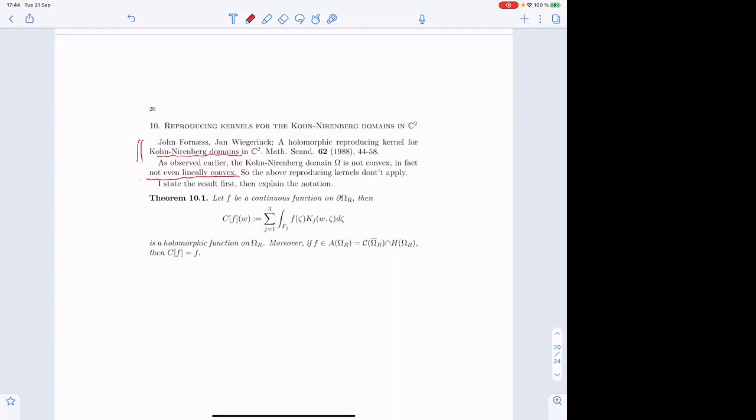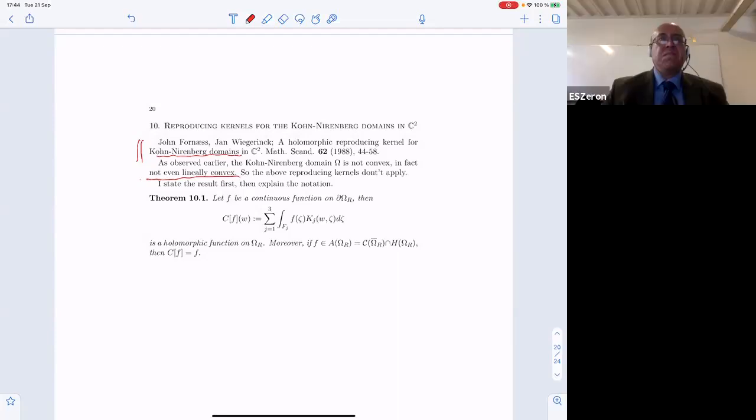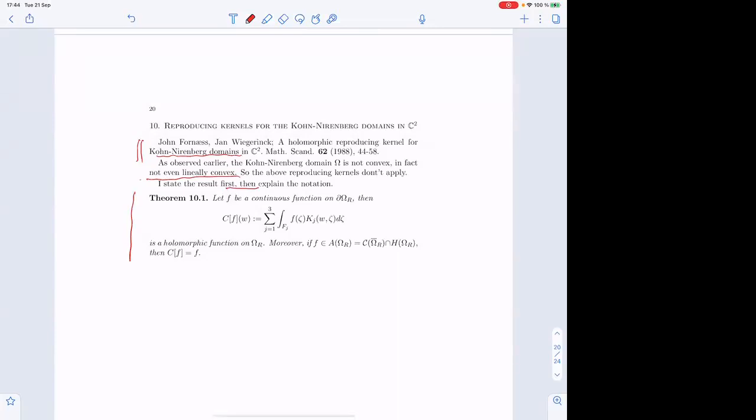Because any zero set of a phi would have to cut into the domain. But let me state the result that Wiegerinck and I got. Yes, so you have a continuous function. So we have a holomorphic reproducing kernel. That's the point. You have a continuous function on the boundary. The boundary is divided into some pieces, F_j. And for each piece you have a different kernel, but they are holomorphic in w.